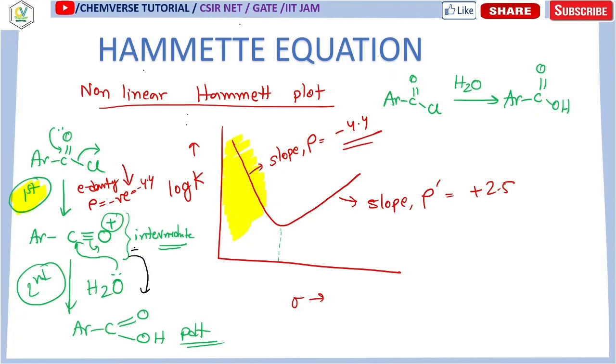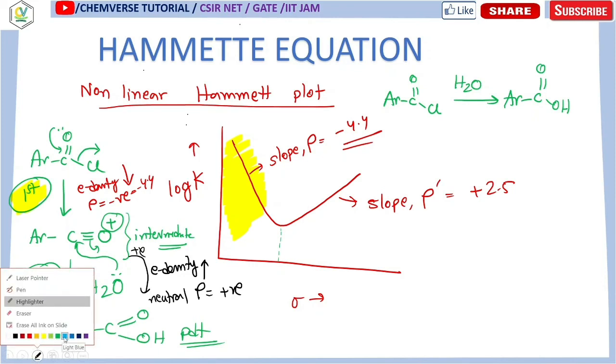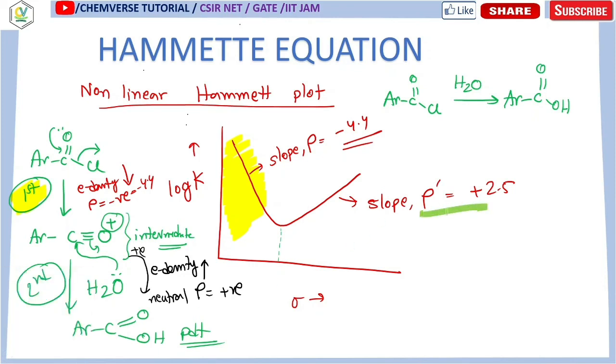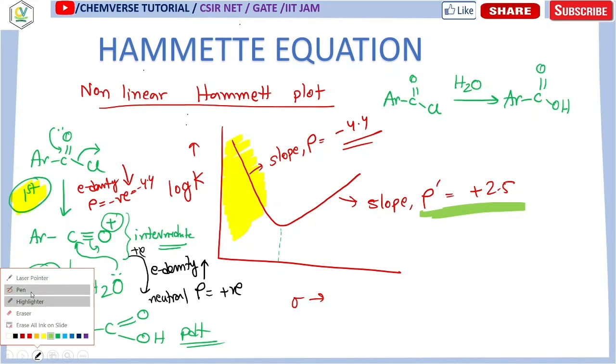So over here positive to neutral, the product is neutral. So this transformation is occurring, and you can say that the electron density is increasing. So rho value should be positive, and this is basically happening over here. If you just focus on this rho value, it is plus 2.5, which corresponds to your observation.